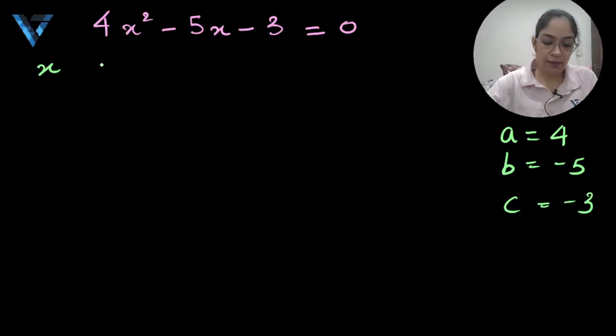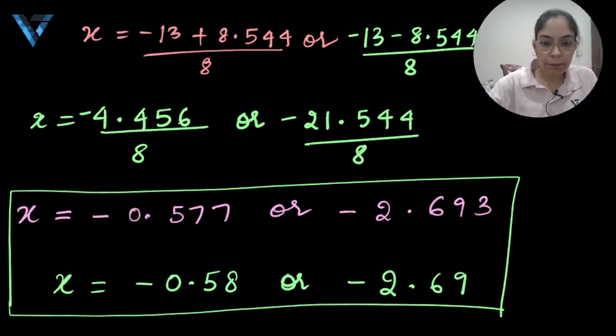So the formula is... Last question, it's -5. Here 557 is there. Then the answer will be 0.56.